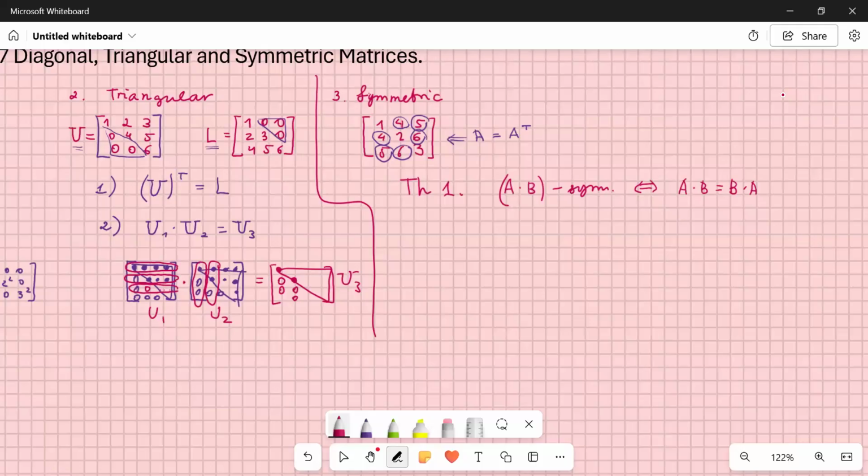You know, guys, that usually when we multiply two matrices and we switch position, we're not going to get the same product. Lots of these products won't even exist. So that's very interesting that if you have a product of two matrices and that product is symmetric, then these two matrices are going to commute. So you can exchange position and you are going to get the very same.